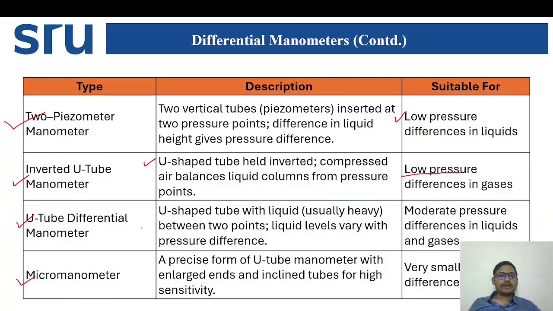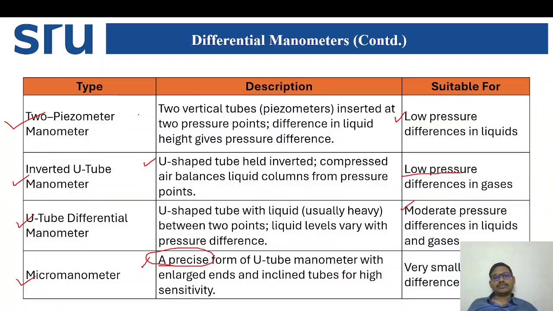The U-tube differential manometer is a U-shaped tube with liquid, usually heavy, between two points. Liquid levels vary with pressure differences, suitable for moderate pressure differences in liquids and gases. And the micromanometer is a precise form of U-tube manometer with enlarged ends and inclined tubes for high sensitivity, used for very small pressure differences.